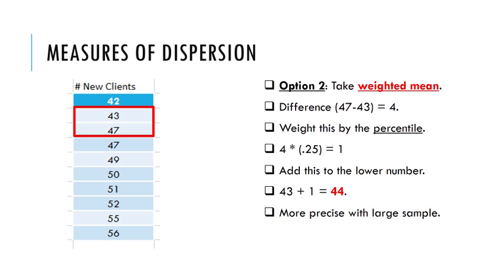So if you don't remember, rewind for just a second. I use that equation, plug in what you know, and it's going to give you the rank. So here I have rank 1, 2, 3, 4, 5, 6, 7, 8, 9, 10, because I have 10 observations. You can, in option 1, round, or in option 2, take the weighted mean. Obviously, the weighted mean is a little harder, but it's a little more precise.